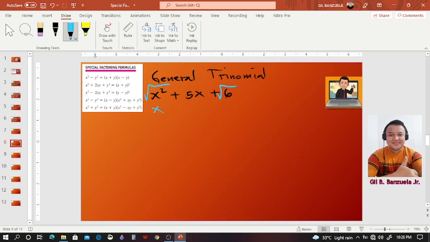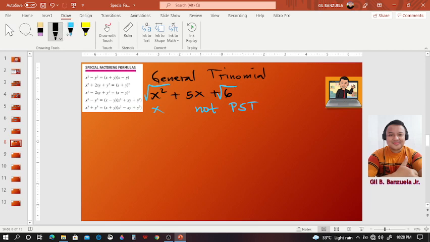Meaning, hindi siya makakapag-generate ng whole number na answer when I operate square root of 6. So therefore, this is not a PST, or not a perfect square trinomial.